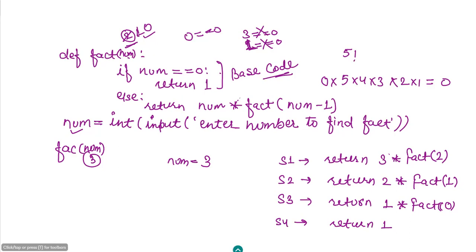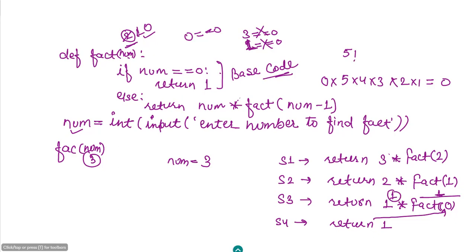This return keyword will return the value to the first calling, from where this function was called. So now the value of this function will be 1, so this will become 1 multiplied by 1, which is 1.